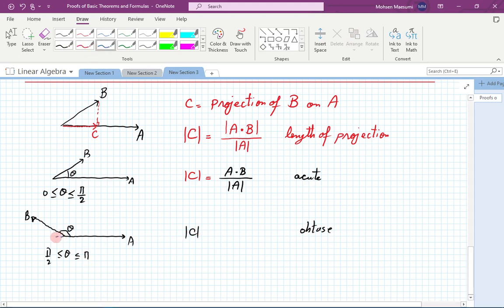In this case, when you drop the perpendicular and you make your shadow C, C does not line up with A, it goes in the opposite direction. So what about that? Well, then A dot B will be negative while the length is positive. So to compensate for that, you have to multiply it by another negative. So to cover both of these cases, we put the numerator in an absolute value. It's the absolute value of a number, not to be confused with the denominator, which was the length of that vector. Same idea anyway.